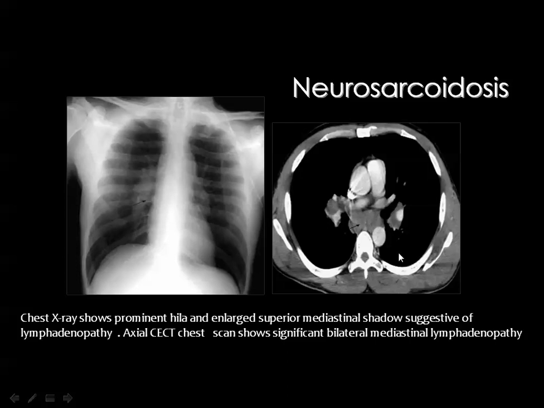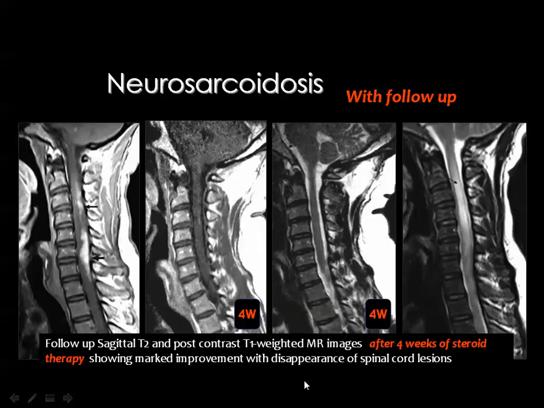Then if you look at the CT scan, you see the classic appearance of lymph nodes, which are discrete, homogeneous without areas of breakdown, and they may contain calcium. These nodes are almost pathognomonic for sarcoid inside the chest. This is neurosarcoid with follow-up after 4 weeks.